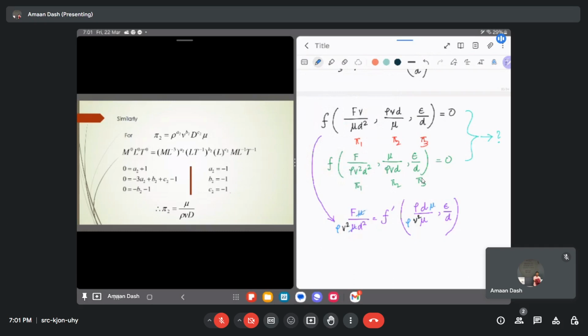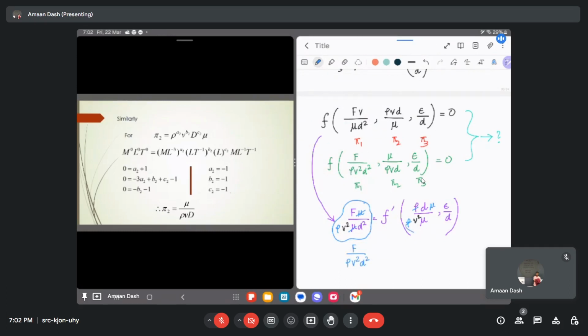So this mu and mu got cancelled out. This rho and rho will be cancelled out. And then we have, okay. So now you see, this side we actually arrived at f by rho v square times d square.